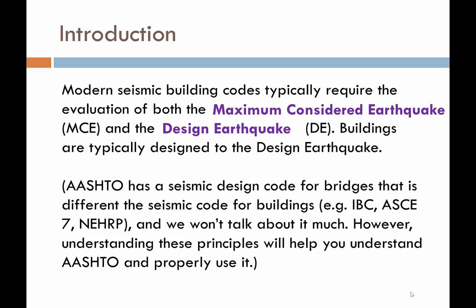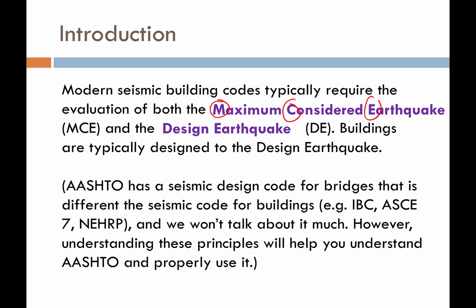So let's dive in and talk about some of the basics here. When we talk about seismic building codes and ground motions, there's currently only two ground motions that we really consider. There's what's called the maximum considered earthquake, or the MCE.